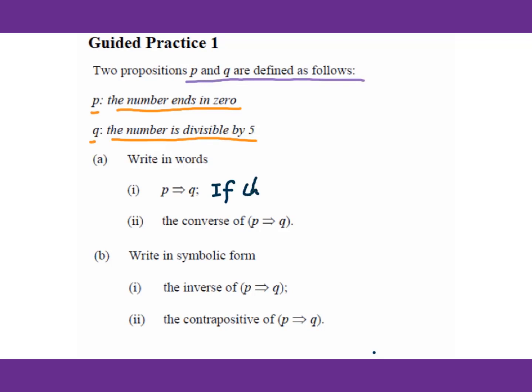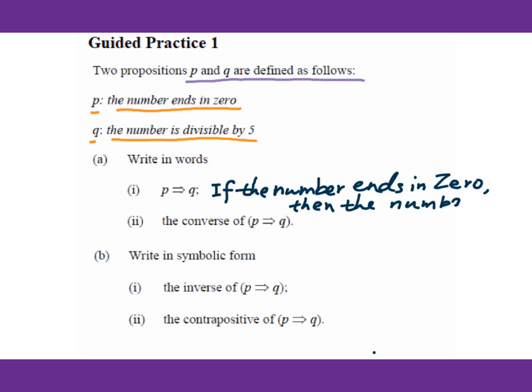If the number ends in 0, then the number is divisible by 5.